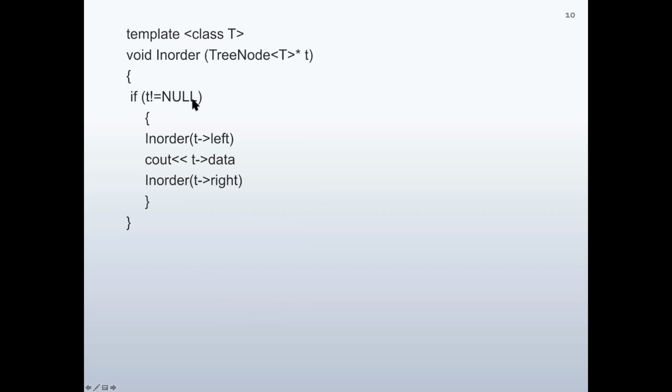If T is not null, again it is calling the Inorder. So the left subtree of that node will be considered. So always the left subtree is visited here until we complete the left subtree, then the data is visited in the node.